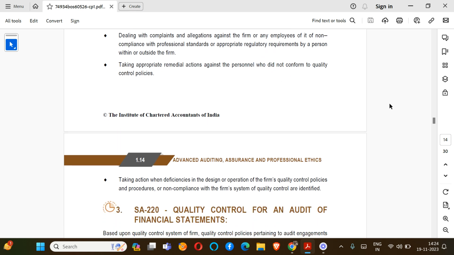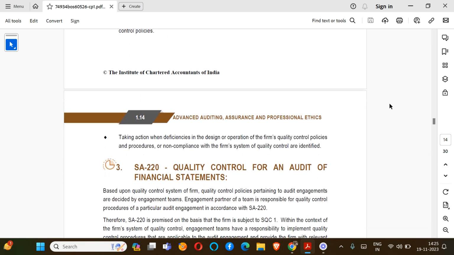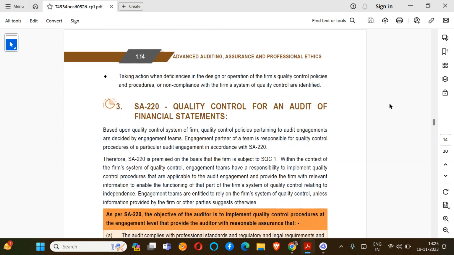Then we have to take appropriate measures against the personnel who did not comply with the quality control requirements, the policies that we had maintained. Then we have to take action when deficiencies in design or implementation or operation of the quality policies and the non-compliance with the system of quality control has to be done.